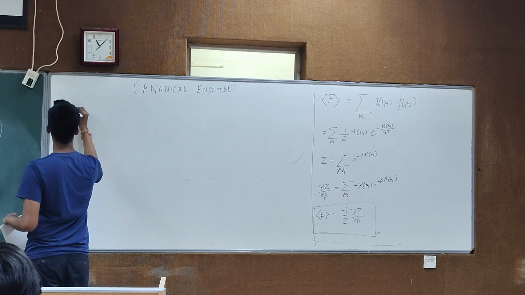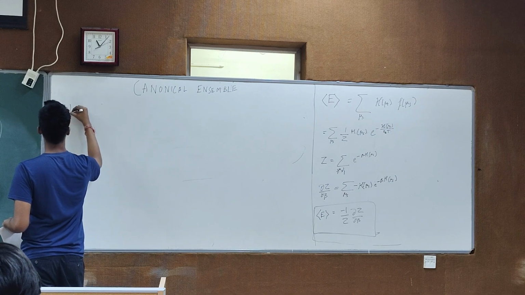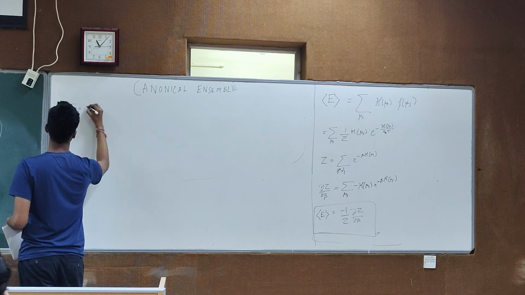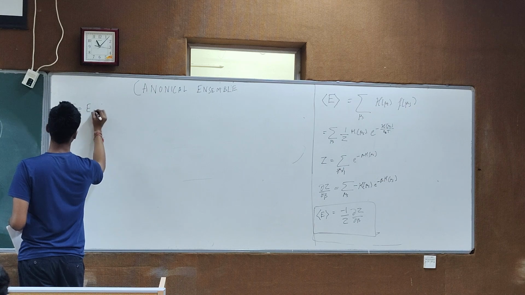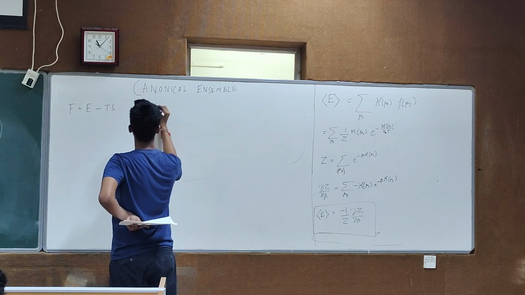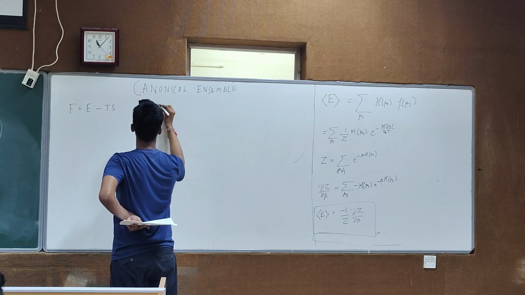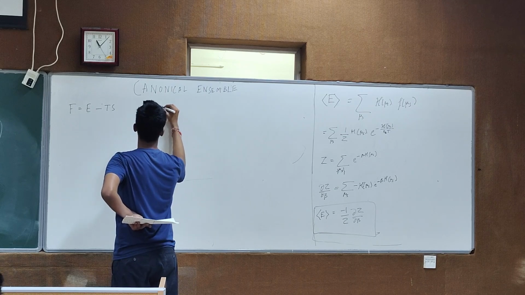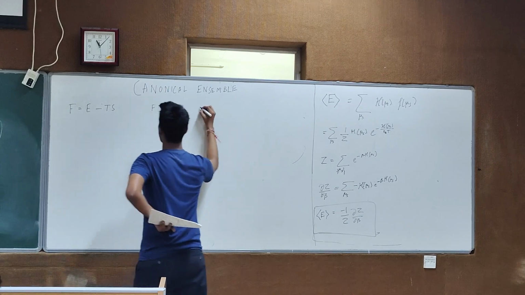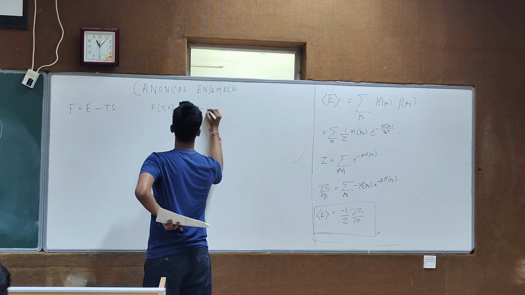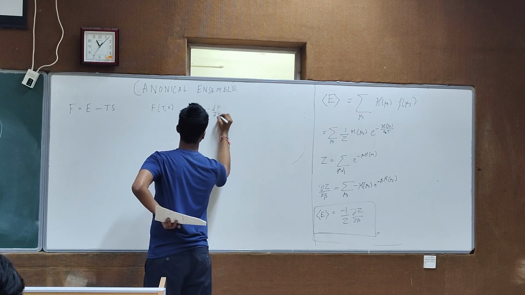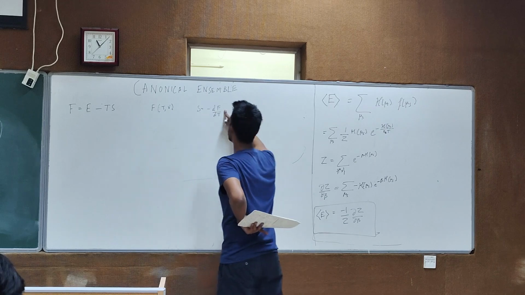Now you can calculate the Helmholtz free energy, which is E minus TS. And you know that F is a function of T and V. So S is basically just minus dF dT.